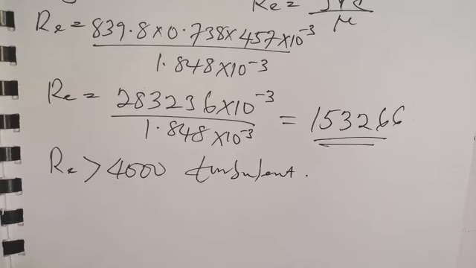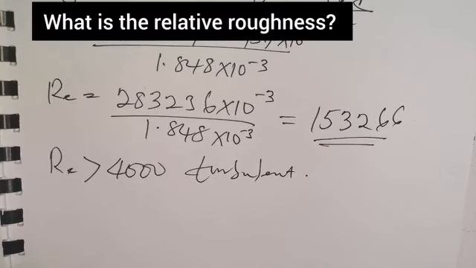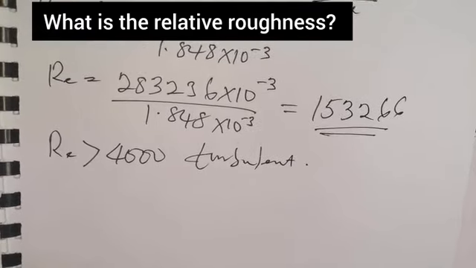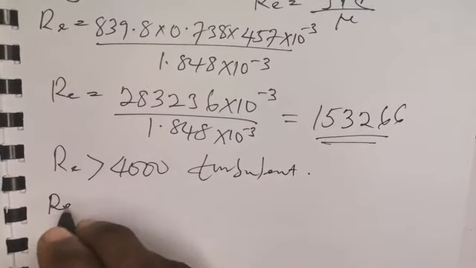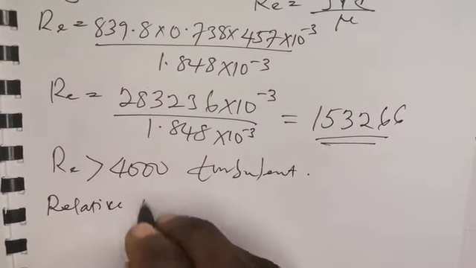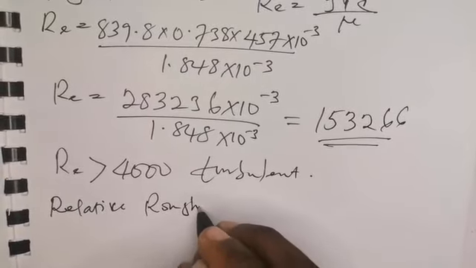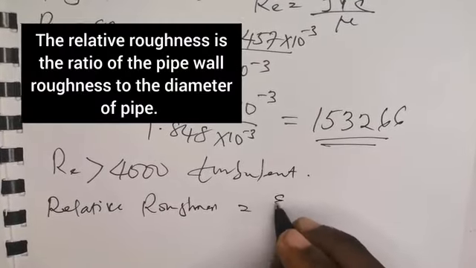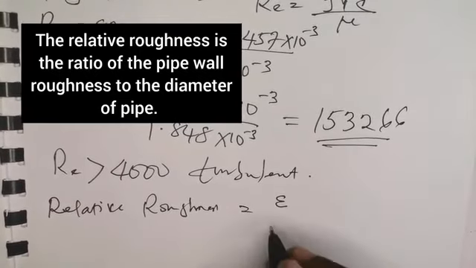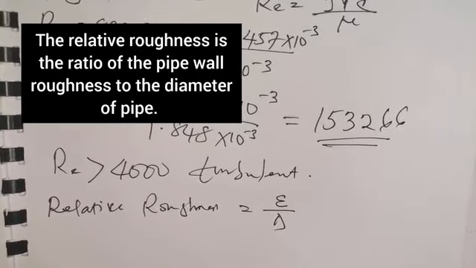The next part of the question says, what is the relative roughness? Now, the relative roughness is defined as the ratio of the pipe wall roughness divided by the diameter of the pipe.